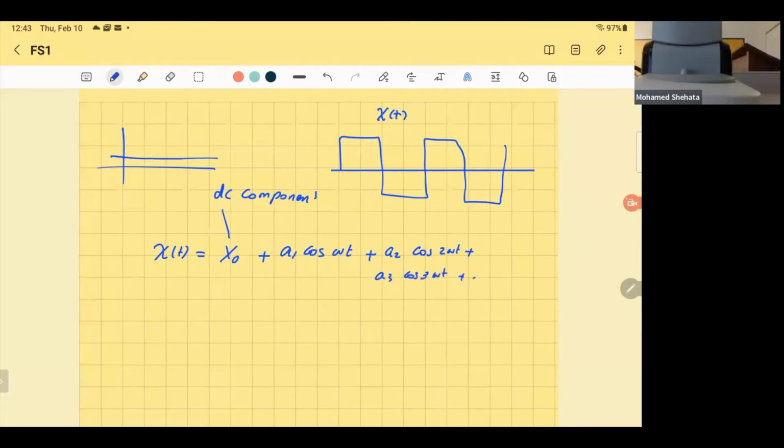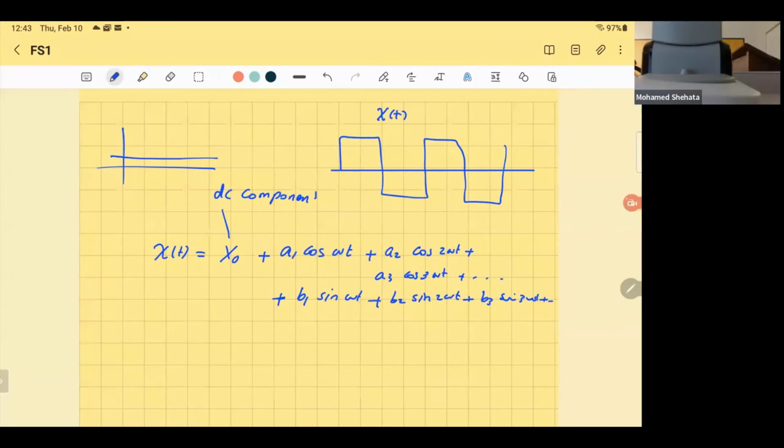We can continue. Then in general, you can also have sine terms: B1 sine omega t, B2 sine 2 omega t, plus B3 sine 3 omega t, till infinity. So in general, we can do that theoretically.